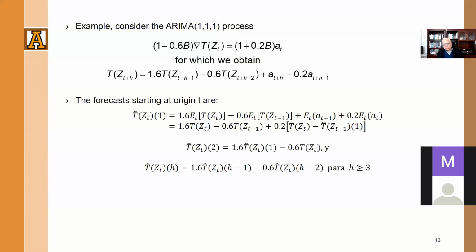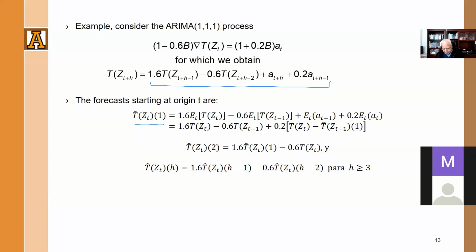Now, based on what we saw yesterday, the forecast starting at origin t, so we have all the data up to time t, the optimal forecast one period ahead of the transformed series, I just use this expression here and replace it.